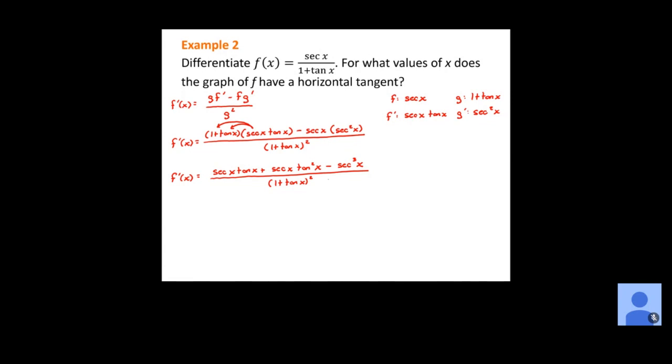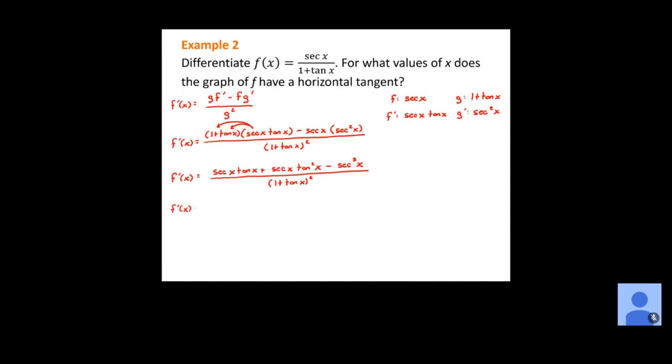That means that I'm probably going to want to do something with this numerator now to get it in a factored form where it's easy to set equal to 0. So let's look at that numerator, see if there's anything we could do to simplify it, clean it up, so that when we set it equal to 0, it's easier to solve. So do you see what we might be able to do first? Okay, good. We have a common factor up there of secant x. So let's start by factoring that out.